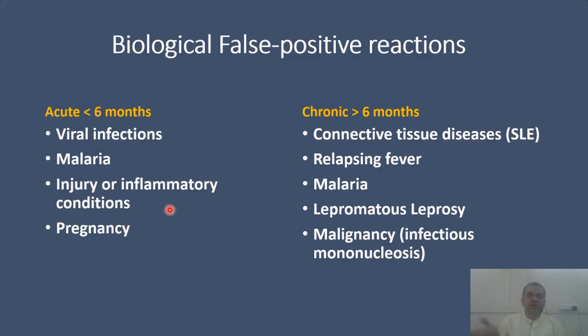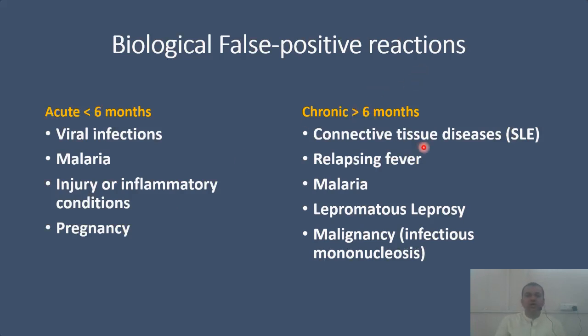We have seen that reagin antibody is the antibody which reacts against the substance released by cells affected by T. pallidum. But in cases like viral infections, malaria, injuries, inflammation and pregnancy, there is also injury to the cells, and they also release substances against which the reagin antibody acts. So ultimately there is a false positive reaction.